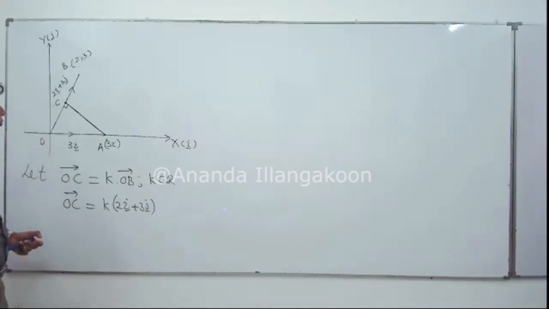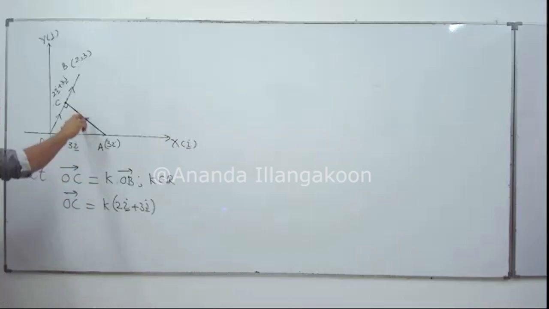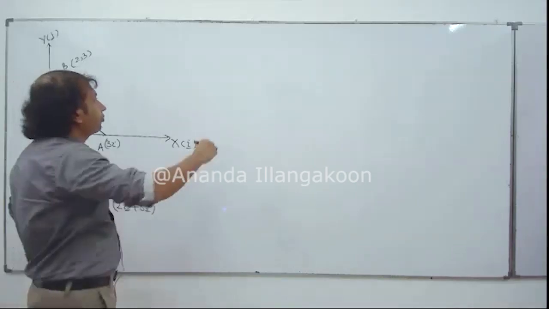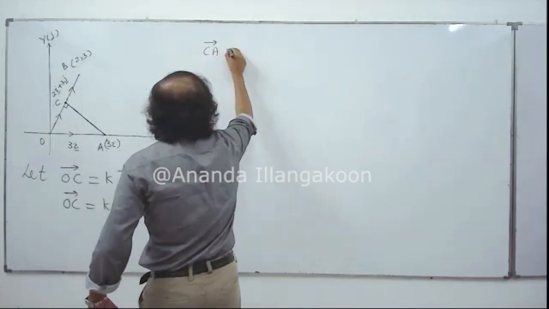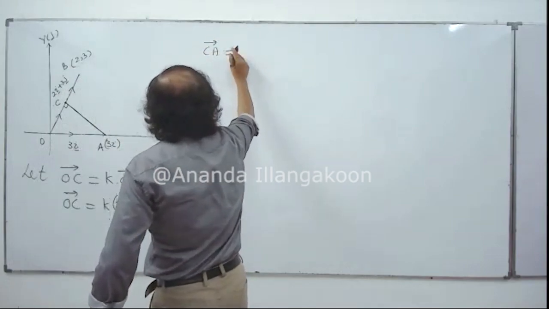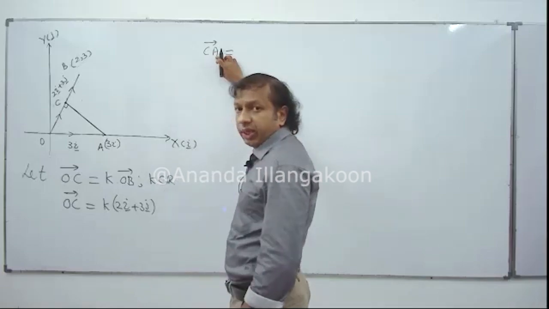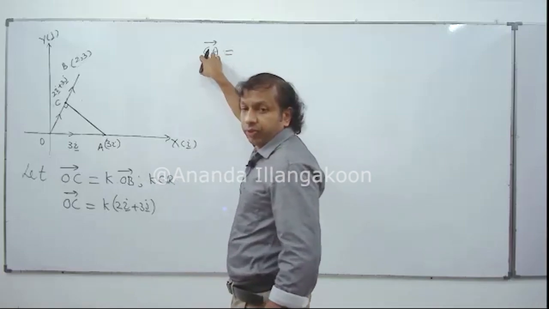Now I am going to write the CA vector. This is how to write it: position vector of the second letter minus position vector of the first letter.